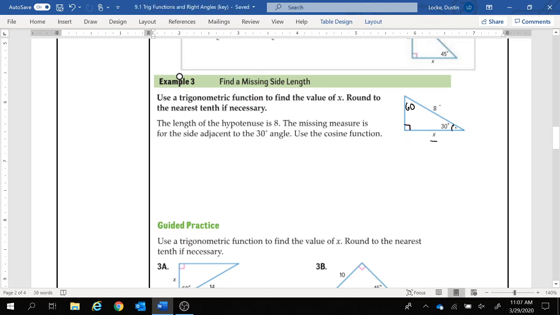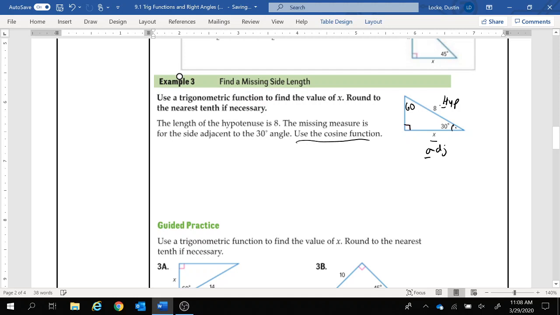More specifically, we're going to use the ratio that contains this side, which is your adjacent side compared to 30 degrees, and this side, which is your hypotenuse. Notice we have an A and an H. So thinking back to your trig ratios that contain A and an H, we would want to use the cosine function this time, right? Because that has the adjacent and hypotenuse.